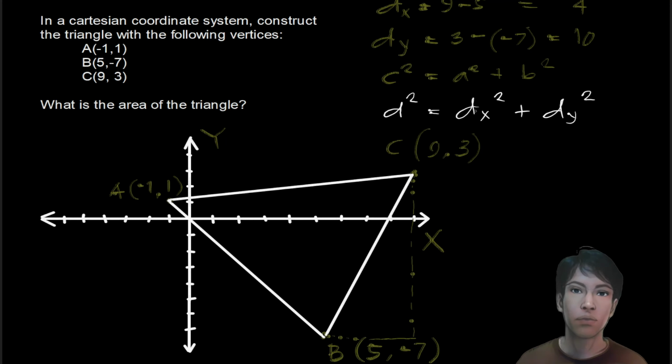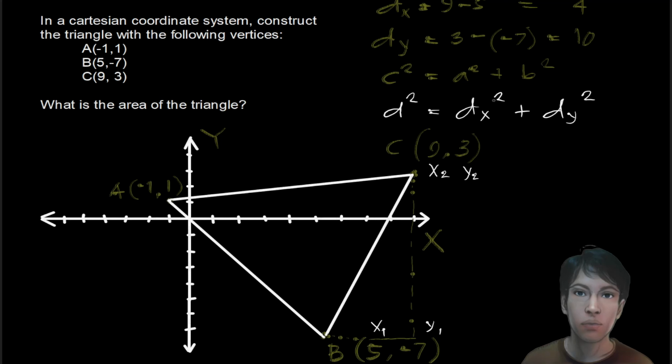Now, if I designate this one as x sub 2, y sub 2, and this one as x sub 1, y sub 1, then I can replace d sub x and d sub y with x sub 2 minus x sub 1, and y sub 2 minus y sub 1.